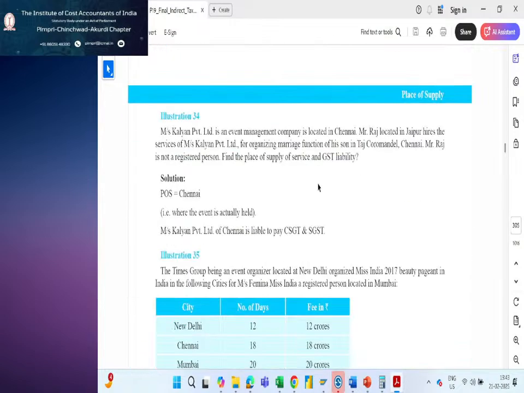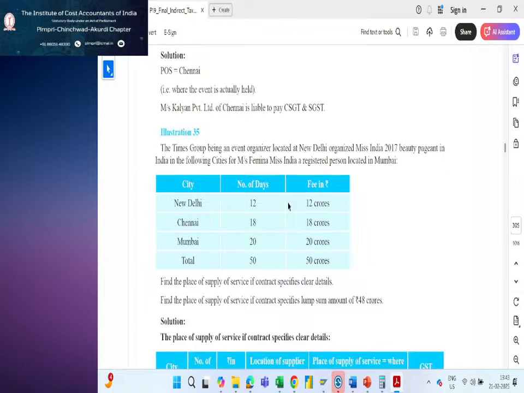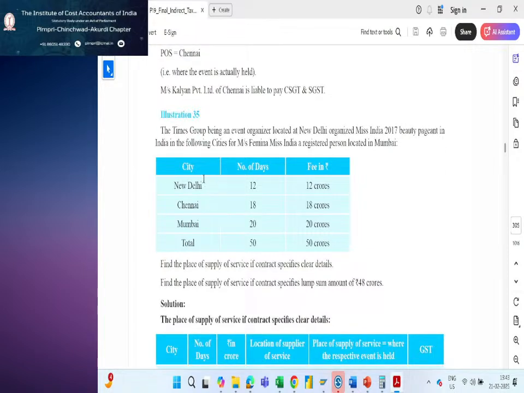In our particular example, they have already mentioned how many days the event has been conducted and what the fee is for each city.